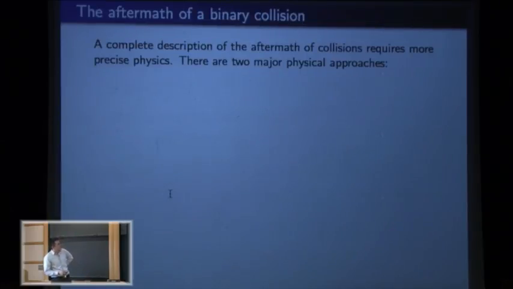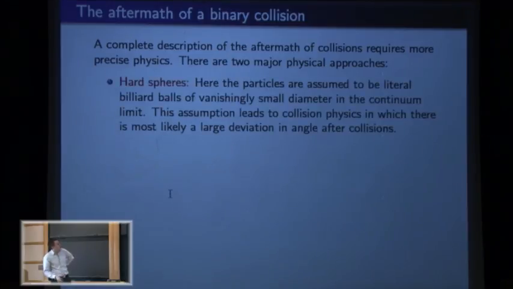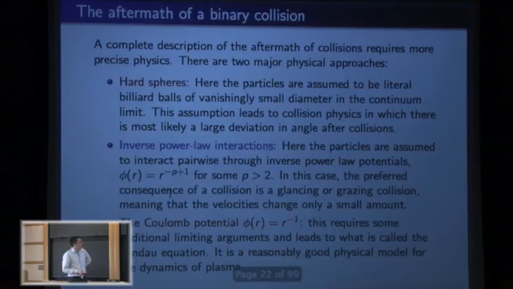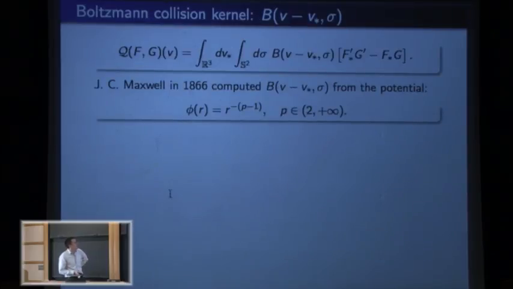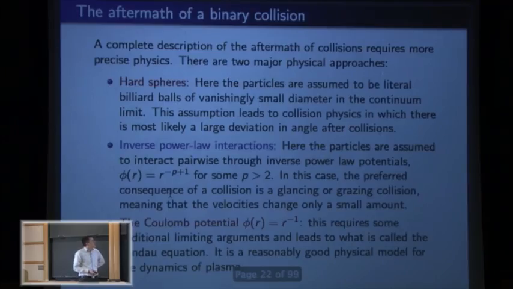Okay, let me skip this because everyone here knows this. So the aftermath of a binary collision can be put into roughly three categories: hard spheres, inverse power interactions, and the Coulomb potential case, where the potential is r to the minus 1.